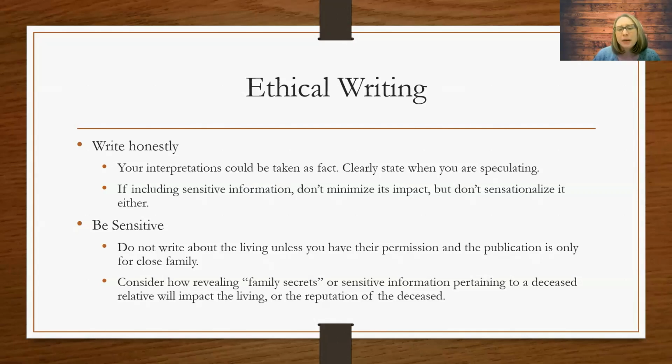So really think about that first before you use it, and know who the book's going to be for, and talk to people. And if you've had a falling out with a family member and you're not going to talk to them about it, it's probably best to leave that information out. So we all have these things in our family, and this can be a tricky part, but I really want you to think about these things before you proceed, and including them in your writings.